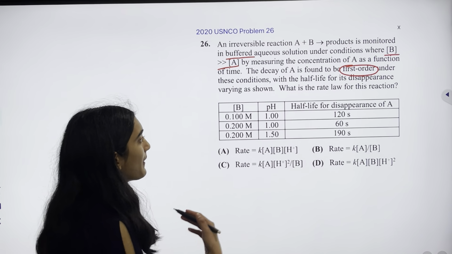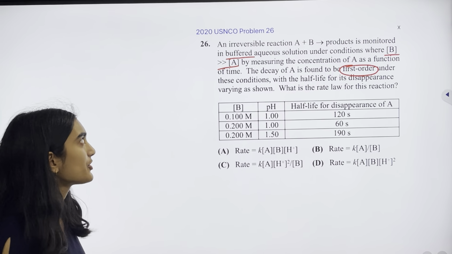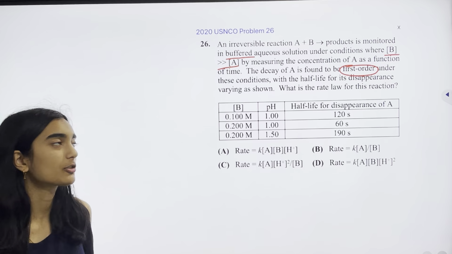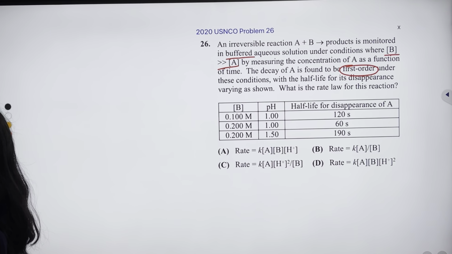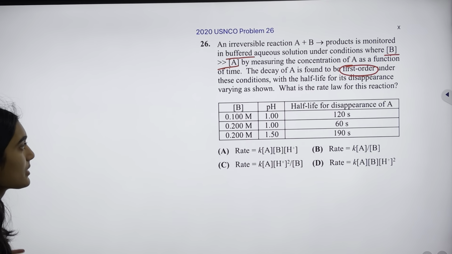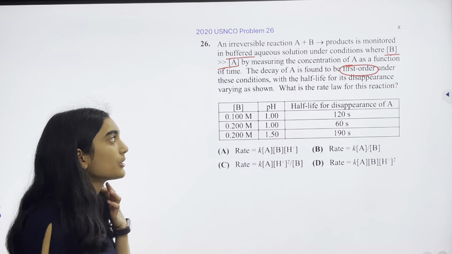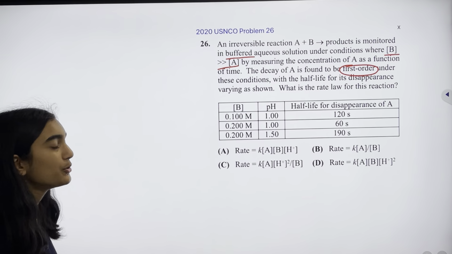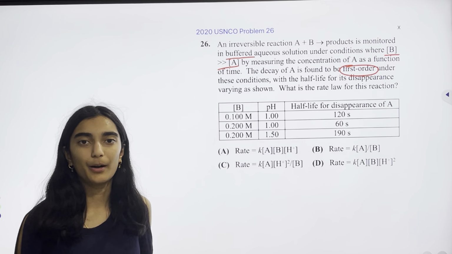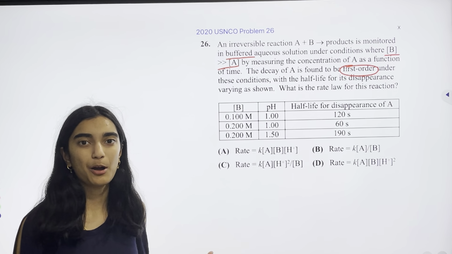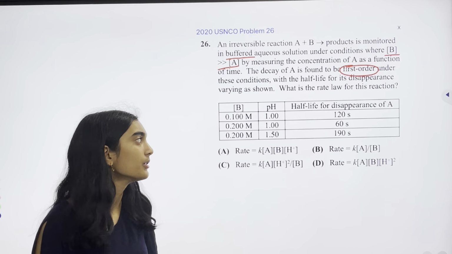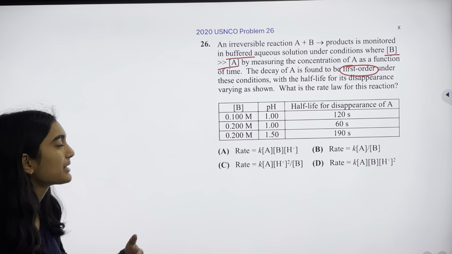And the fact that they told us that the concentration of B is much greater than A is a cue for us to think about something called pseudo-kinetics, right? So when we have two reactants where the consumption of one might affect how we measure the other, we don't need to worry about that because B is much greater.